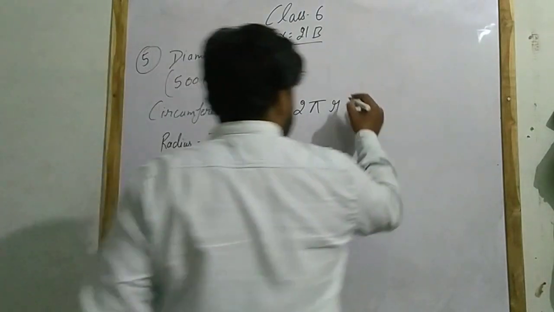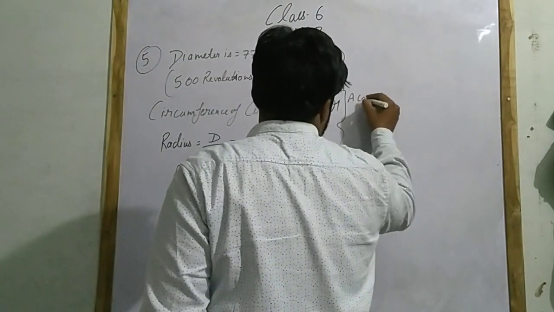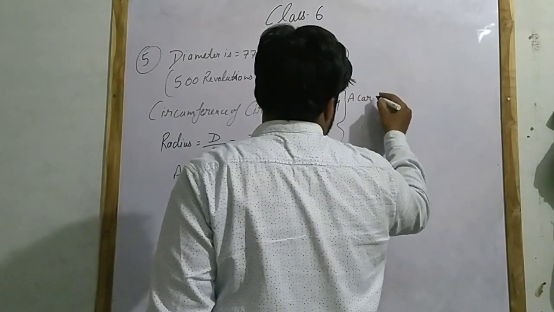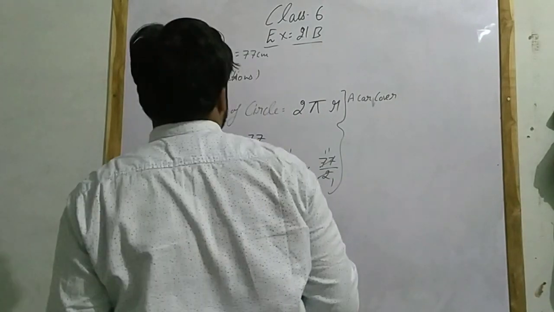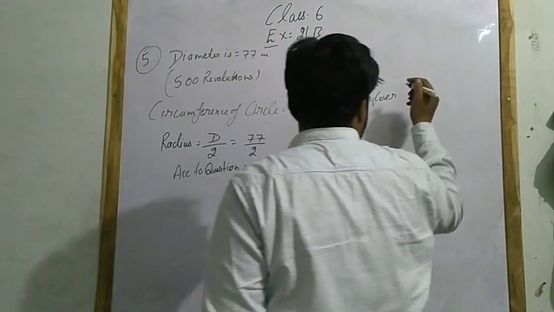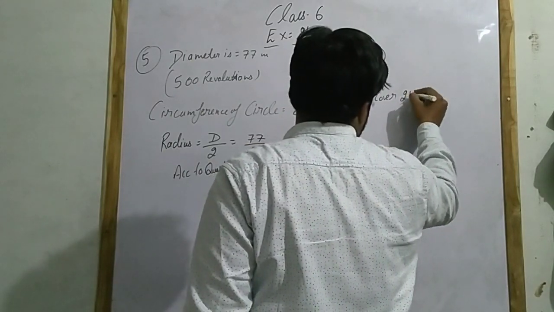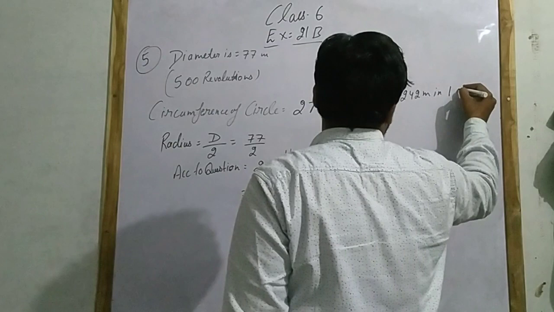After that, a car covers 242 centimeter in 1 revolution.